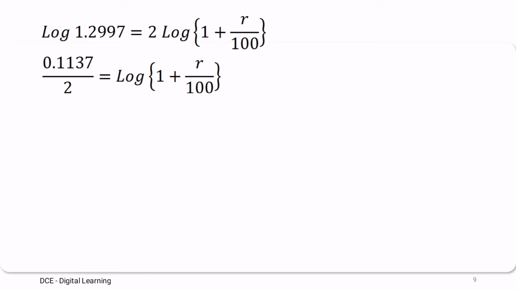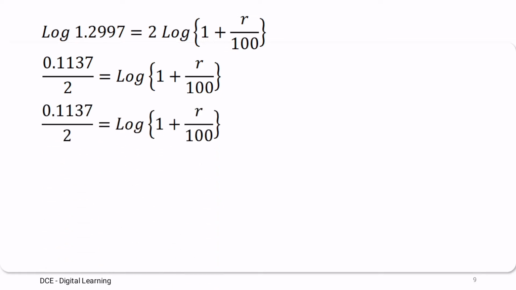So 0.1137 divided by 2 equals log of 1 plus R divided by 100. So 0.1137 divided by 2 is 0.05685. This equals log of 1 plus R divided by 100.